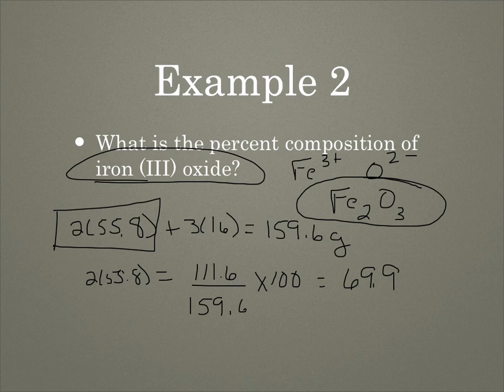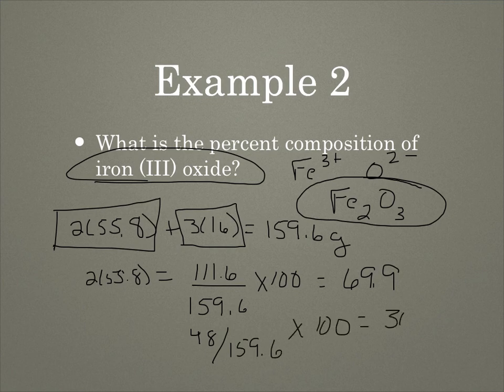Okay, do the oxygen now. Take this part. 3 times 16 is 48. So you're going to take 48, divide it by the whole, the 159.6, take it all times 100, and you're going to end up with 30.1. And your check is just make sure they add up to be 100 when you're done.